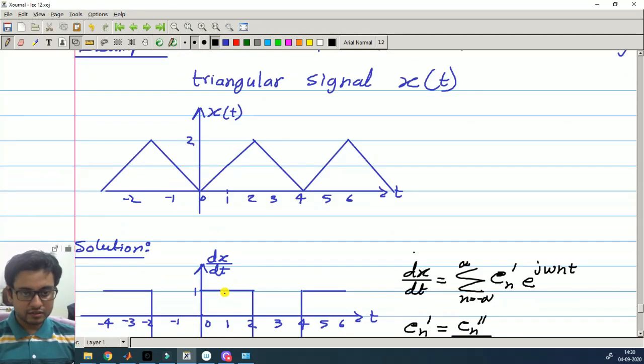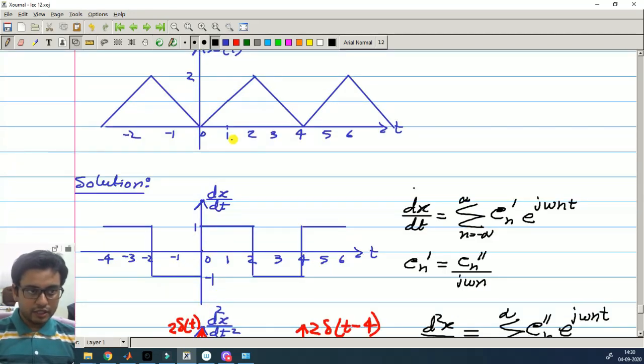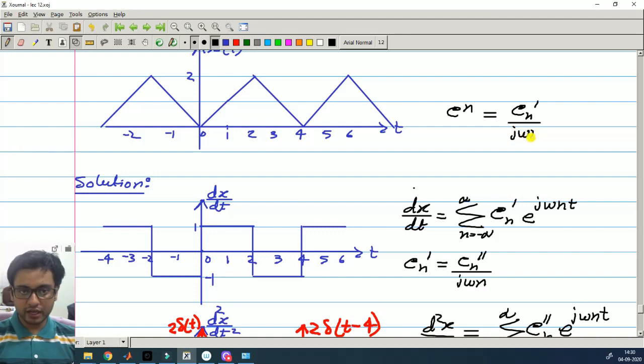And then if the Fourier coefficients of xt is Cn, then Cn will be Cn prime divided by j omega n, that is equal to Cn double prime divided by j omega n whole square.